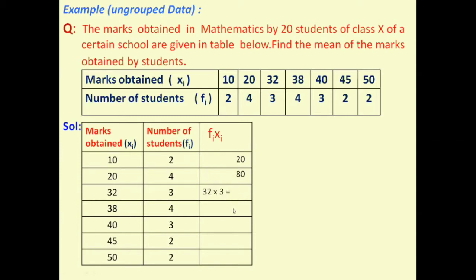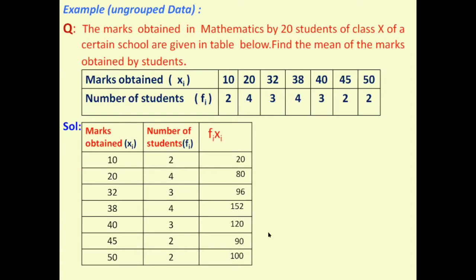Next, 32 and 3 is 96. 38 into 4 is 152. 40 and 3 is 120. 45 into 2 is 90. 50 into 2 is 100. Like this we write in the third column. This column is prepared by ourselves.